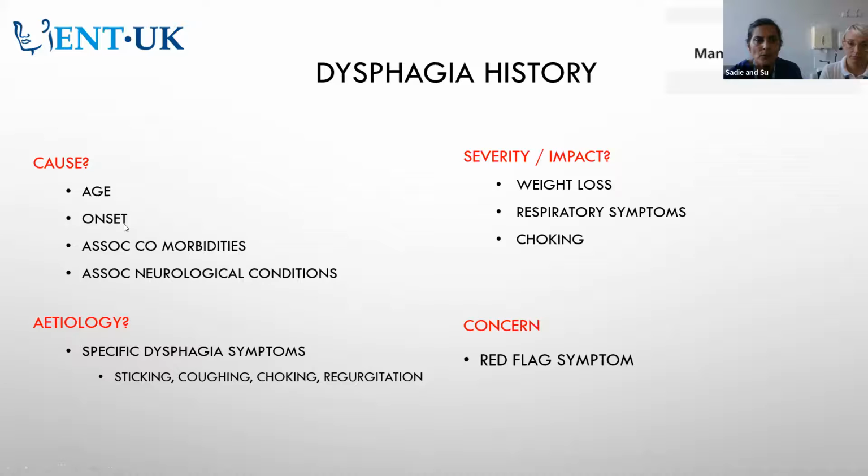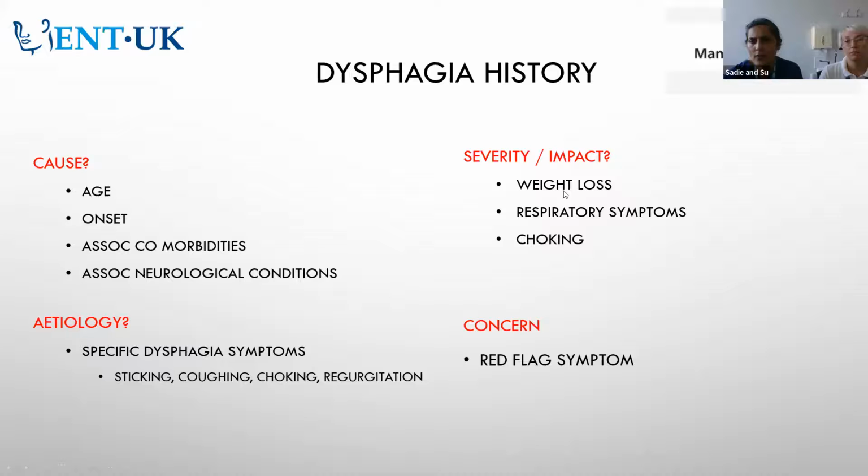Onset, as we've described already, the morbidities, as we've also already mentioned, and neurological conditions. The other little bits of that history are sticking, coughing, choking, regurgitation, because they help to lead down what particular pathology is causing dysphagia. But I really like the severity and the impact. It really tells me how quickly I need to do something about the dysphagia.